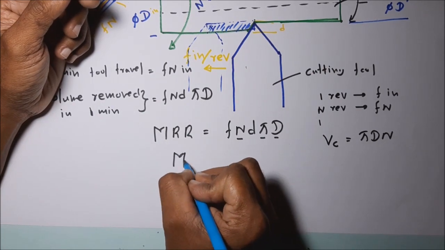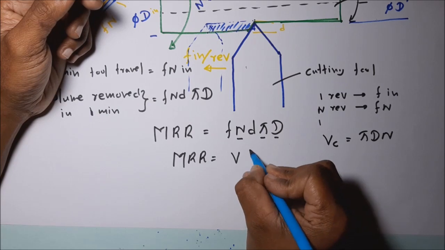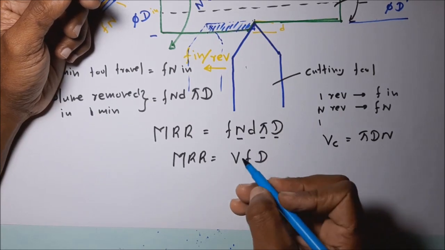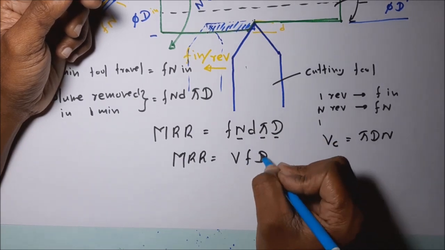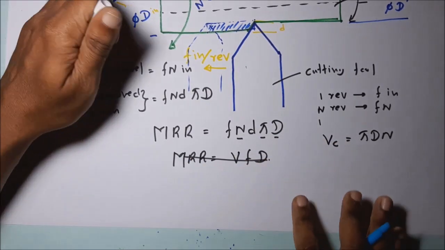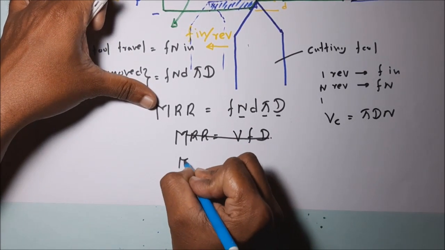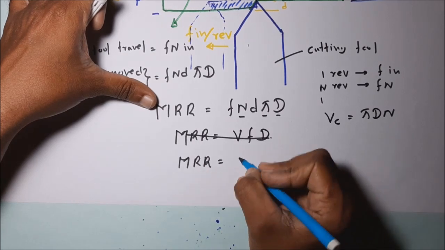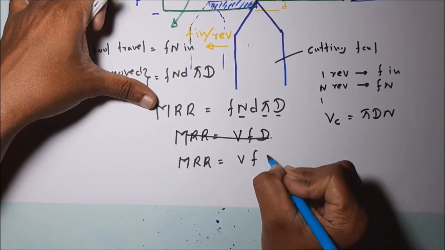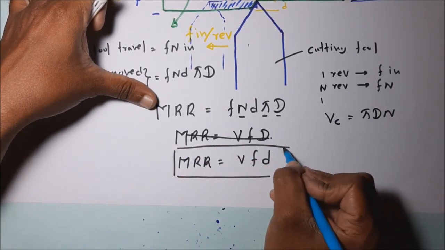That means the material removal rate is equal to V F simple D for turning operation.